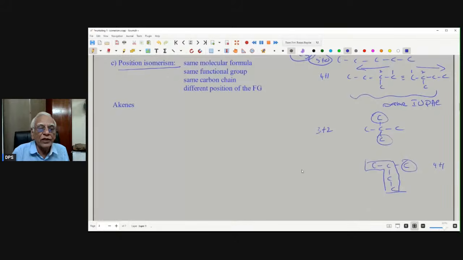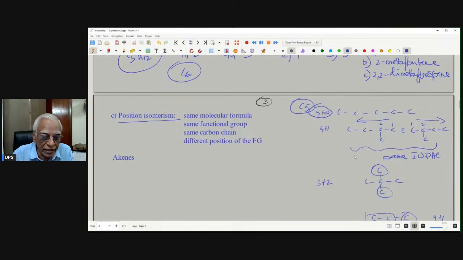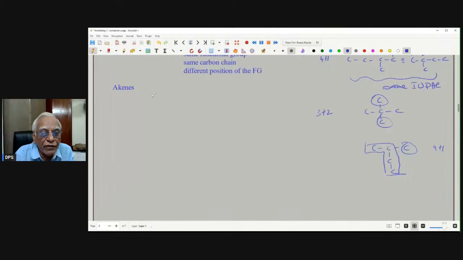My dear students, we will go to another more interesting part of isomerism, position isomerism. Let us recall again, how did we define functional isomerism? Same molecular formula and different functional group.